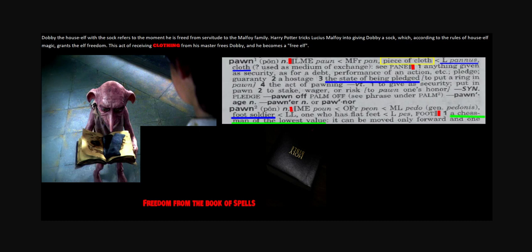This is the book. The books. Because remember, the word Bible means books. So these books, these words are the book of spells. This is the dogmatic teachings that have been holding people back and suppressing people.